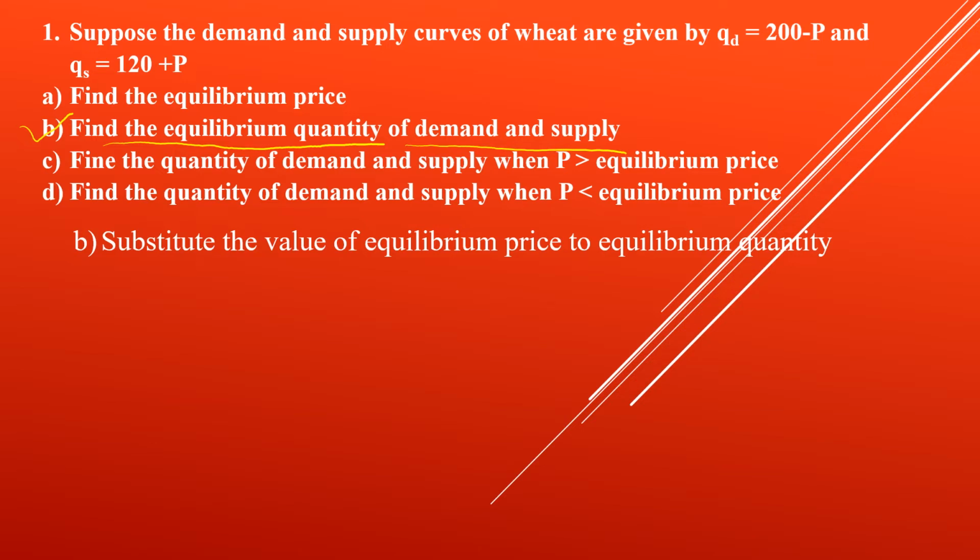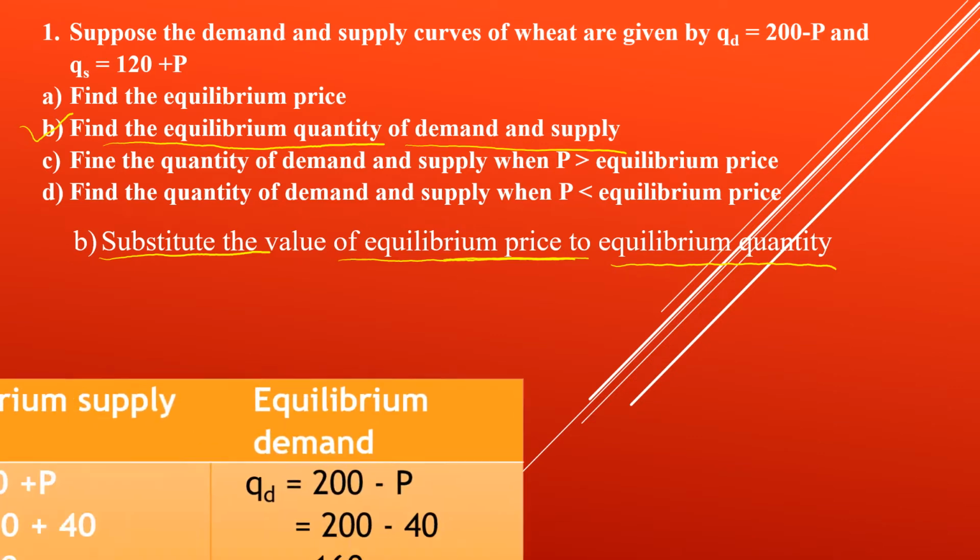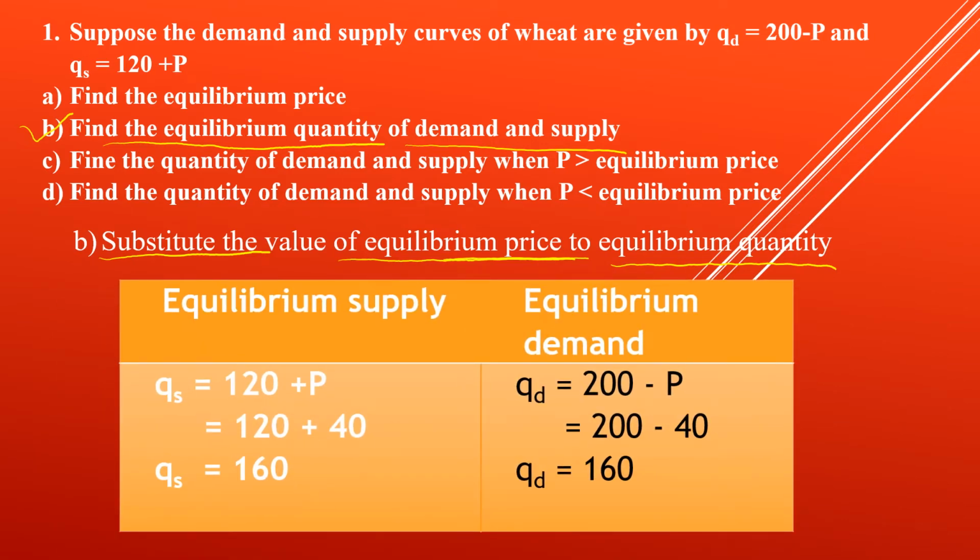So dear students, you can substitute the value of equilibrium price into the equations to find the equilibrium quantities. To find the equilibrium supply and equilibrium quantity, substitute in the equation. What is the equation for supply? QS equals 120 plus P. What is the equilibrium price?